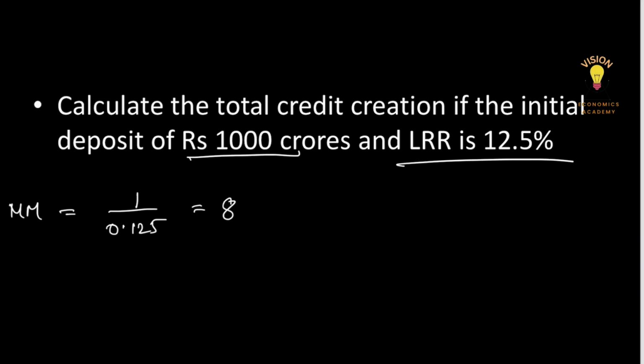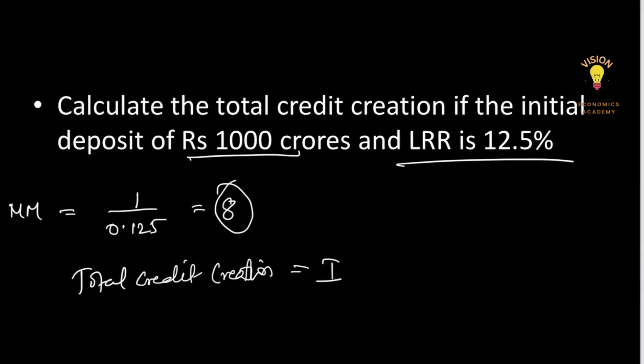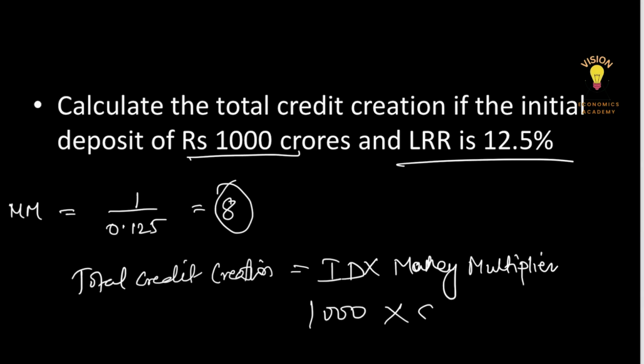So the multiplier value is 8. That means the total credit creation would be the initial deposit into the money multiplier, 1000 into 8, that is 8000.